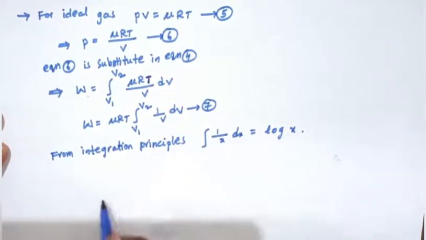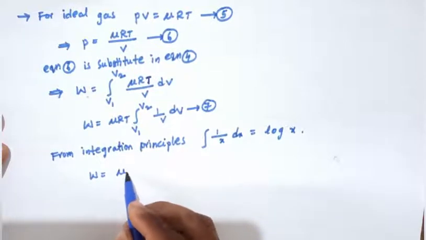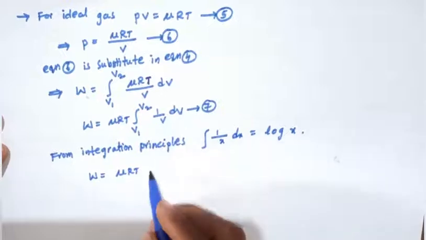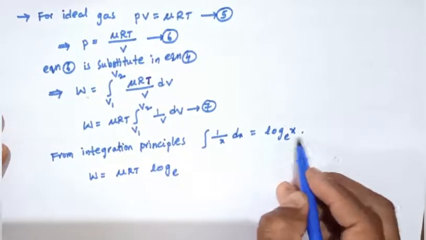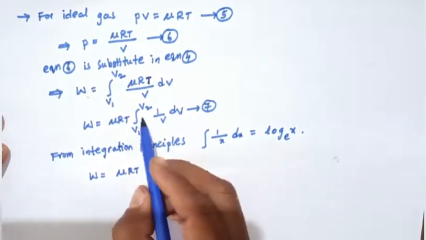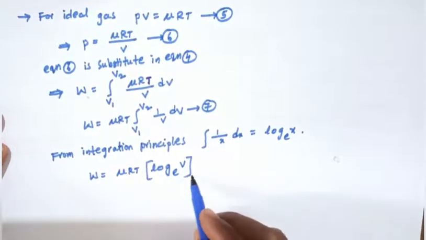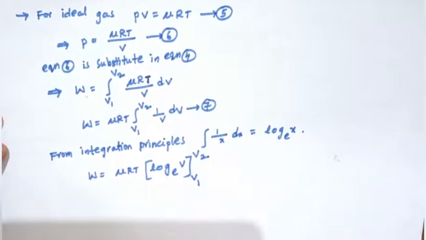Okay, like here, W equals mu RT, 1 by V dV equals log base e V. Okay, here the limits are there, lower limit is V1, upper limit is V2.